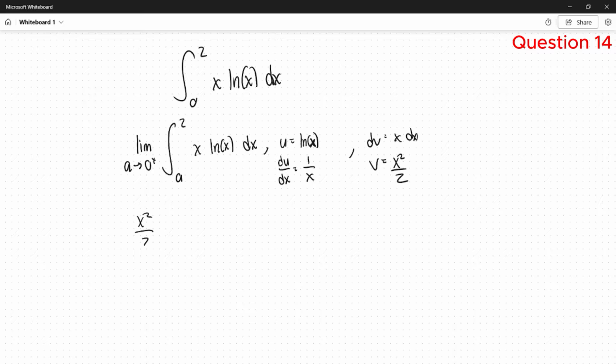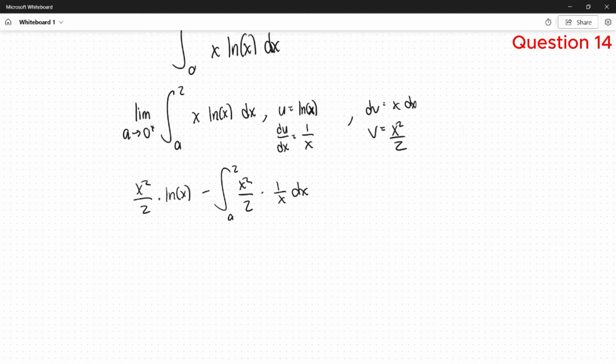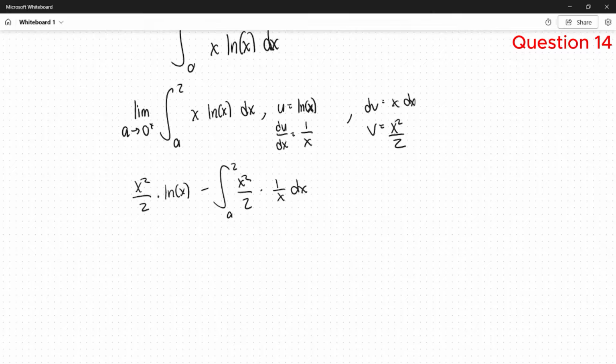x squared over 2 times ln of x minus, and then our v du. So this would be the integral of x squared over 2 times 1 over x dx from the same bounds. I'll just write it from a to 2 again. I will not include the limit since I don't have the space here.